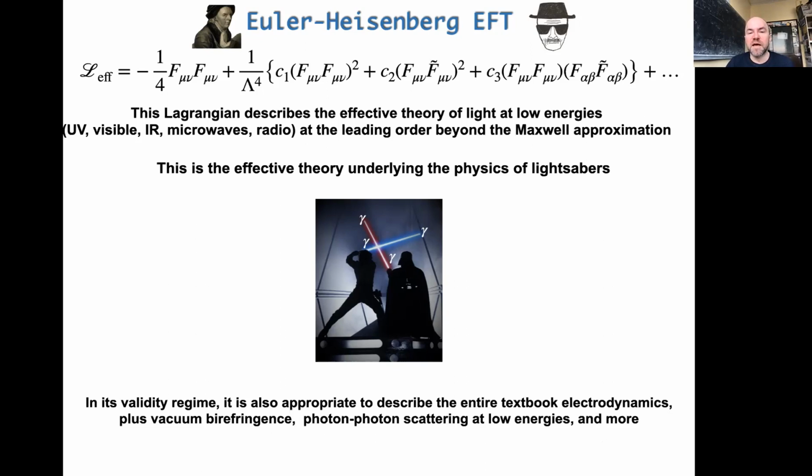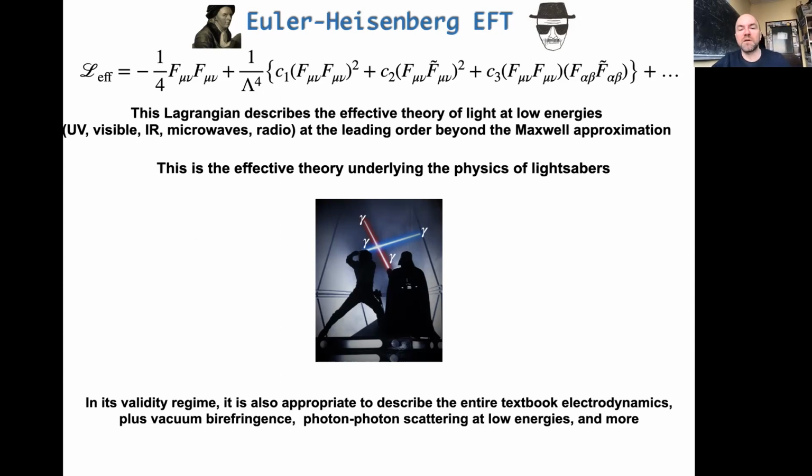You've been told that electrodynamics is linear and it obeys the superposition principle. But this is true only in the first approximation. If you go beyond the leading approximation, then electrodynamics is nonlinear, and these nonlinear effects can be measured. For example, one of the effects is so-called vacuum birefringence.